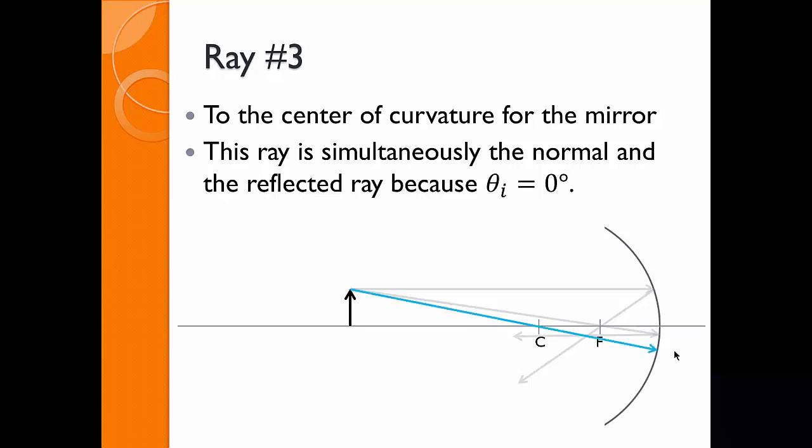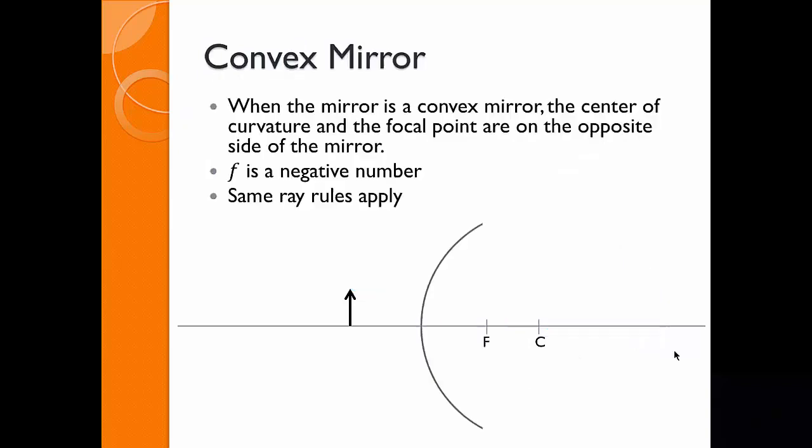So that's the third ray, directly through the center of curvature. Notice that all 3 rays intersect at the same point, and that's the way we can double check. If we're just drawing it by hand, there's going to be a little bit of uncertainty associated with it, but it should more or less be in the same spot, and so there again is my image.